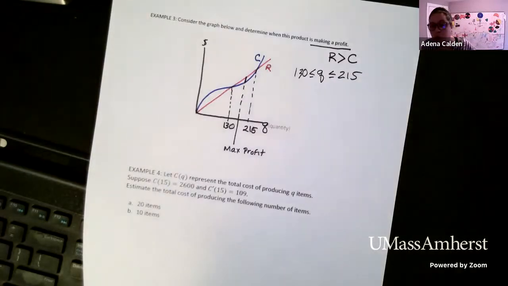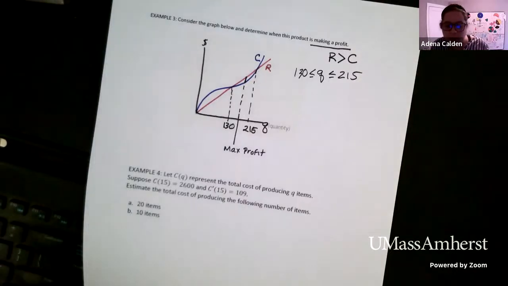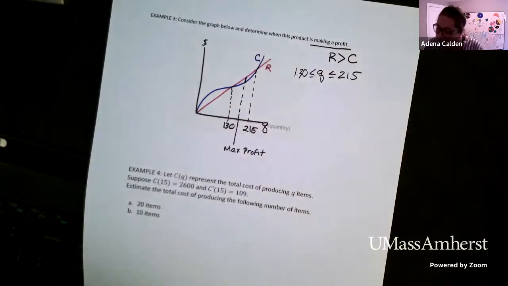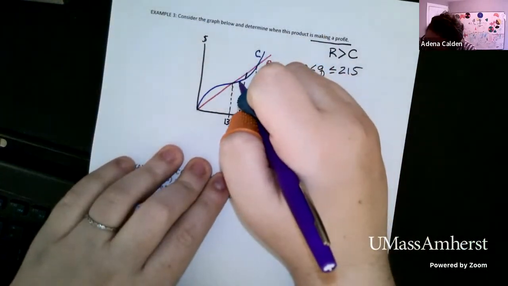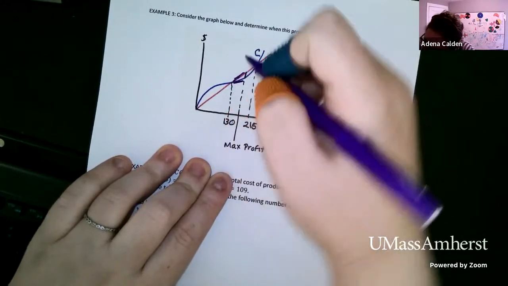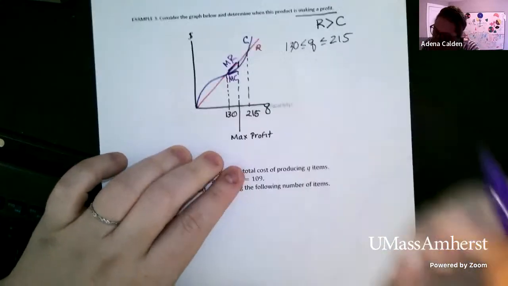And this has to do with comparing the marginal analysis of cost and revenue. So over here, before we're at the max profit, okay, the marginal revenue and the marginal cost are going to look like this. So marginal revenue, marginal cost.